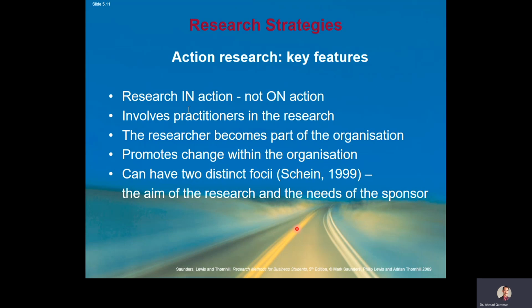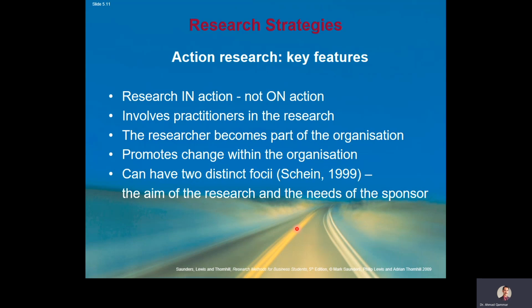So what do they do in action research? They plan action, they implement action, and they evaluate action. Right? What does that mean? That means they go to the organization and start working there as a consultant or advisor. They plan what sort of change is required.